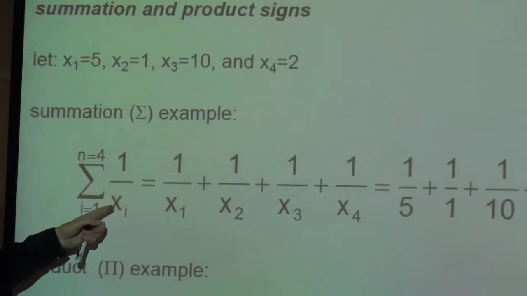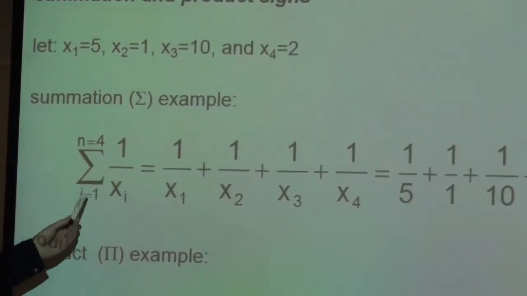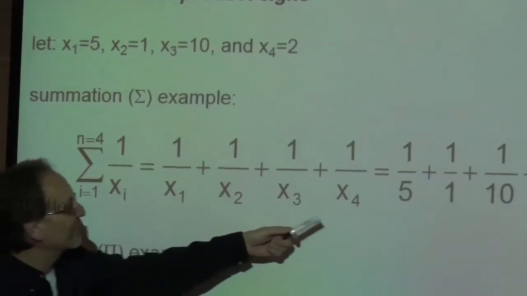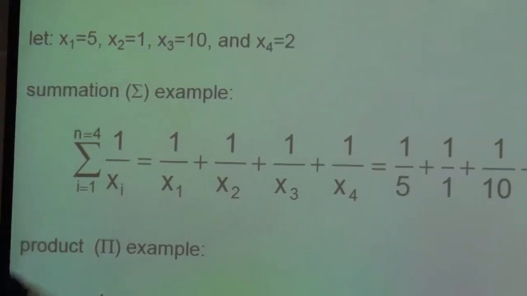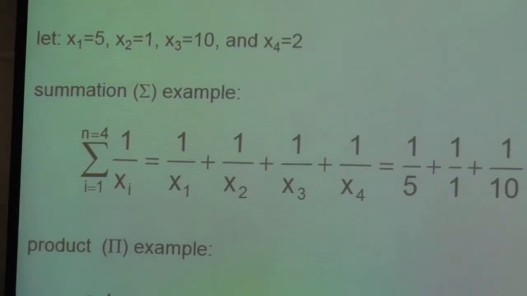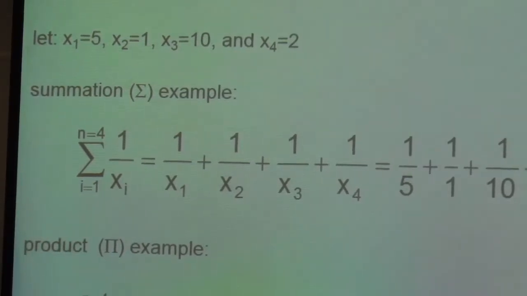So this one, if I expanded it and took away the summation sign, this would be for i equal 1, 2, 3, and 4. Okay? So whatever x1, x2, x3, and x4 are, you substitute those values in, and here I just arbitrarily gave values for x1, x2, x3, and x4, and that's what you end up with, 9/5. Okay? Just add it together. Summation, think of addition of all the components.